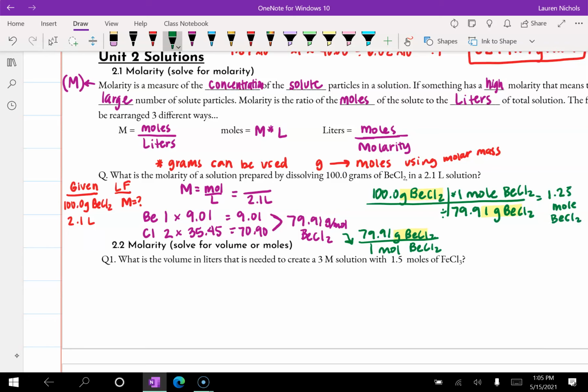Now, I have seen so many students make this mistake where they're like, cool, I did my T-chart, now I'm finished. Except our answer, they did not ask how many moles are there. They asked what is the molarity.